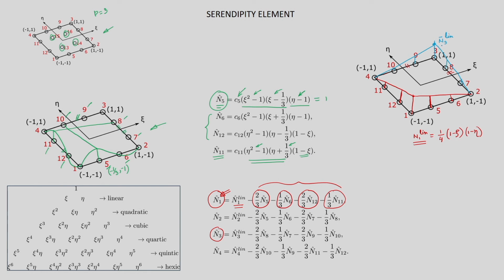So, from N3 linear we will subtract 2/3 of N9 and 1/3 of N10, and similarly 2/3 of N8 and 1/3 of N7. That will help us to construct N3. So, this way, through inspection, we can construct the shape functions for the serendipity elements.